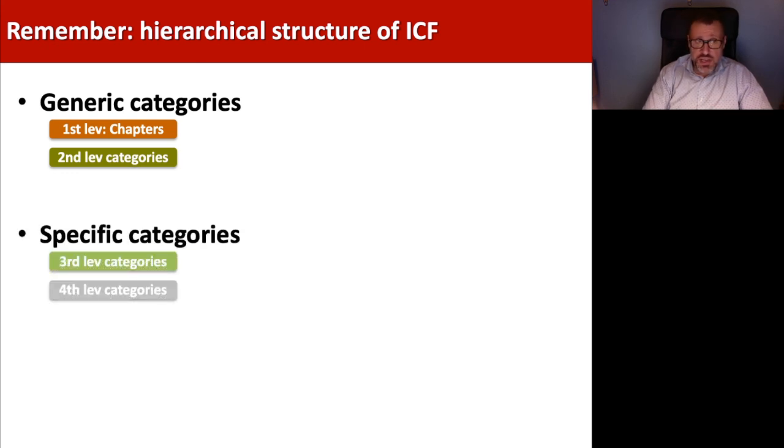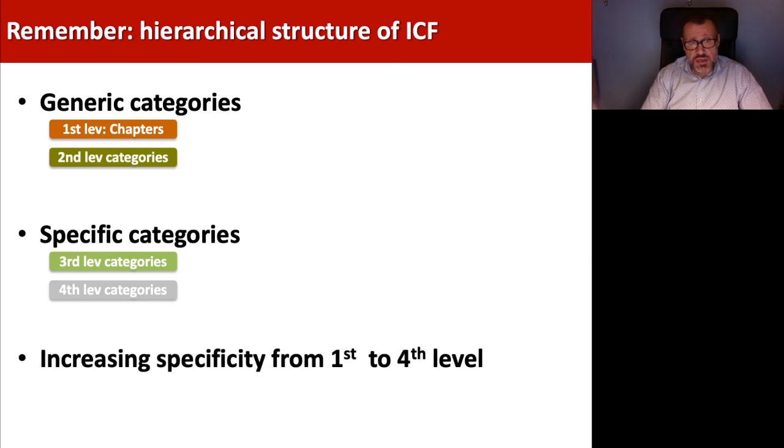In some specific cases, it may be useful to add third level and fourth level categories. I must say that in my experience, I've never used fourth level categories. In rare instances, I've used third level categories to classify disability. Of course, there is an increased specificity from the first to the fourth level.